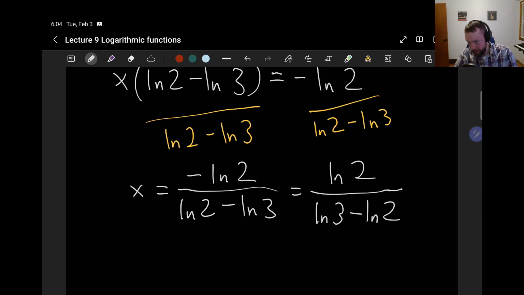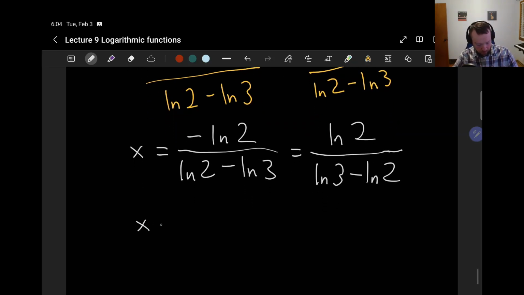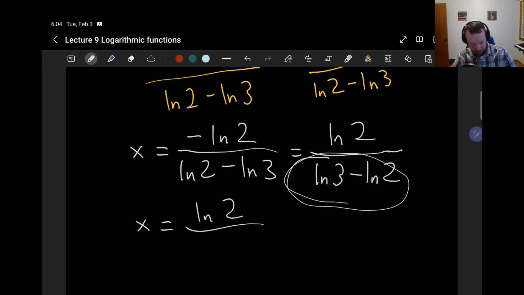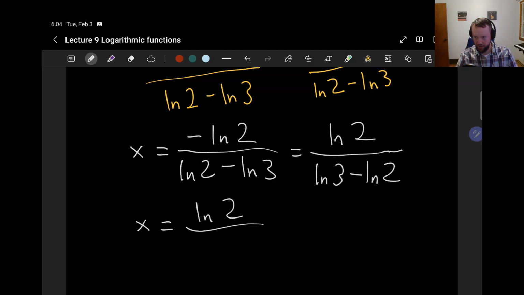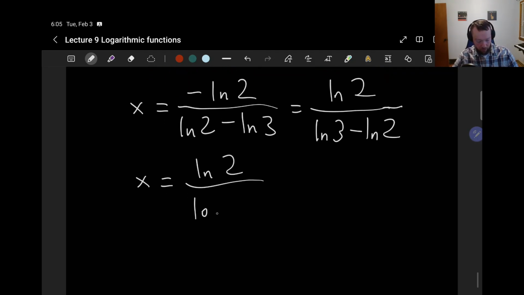This is also fine, but we could do even a little bit more, and it's good for us to use our properties. Notice this denominator is a difference of logs with the same base, e. I can combine that into a single log of this quotient or division.